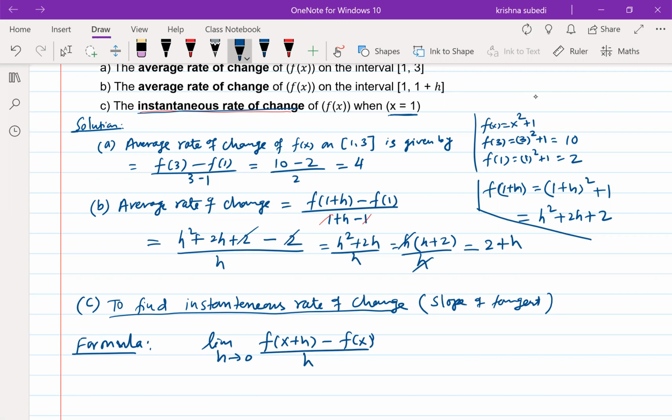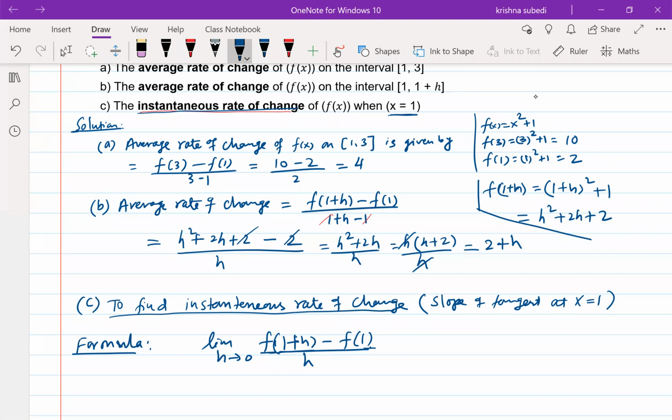But because x is given as 1, you can replace that x by 1 plus h, and f of x by f of 1, over h.